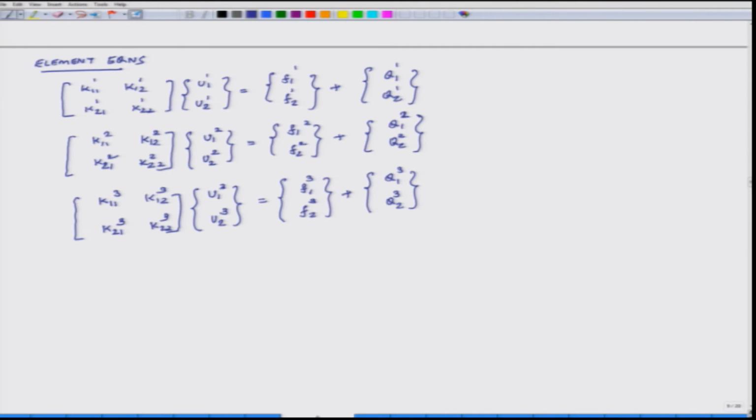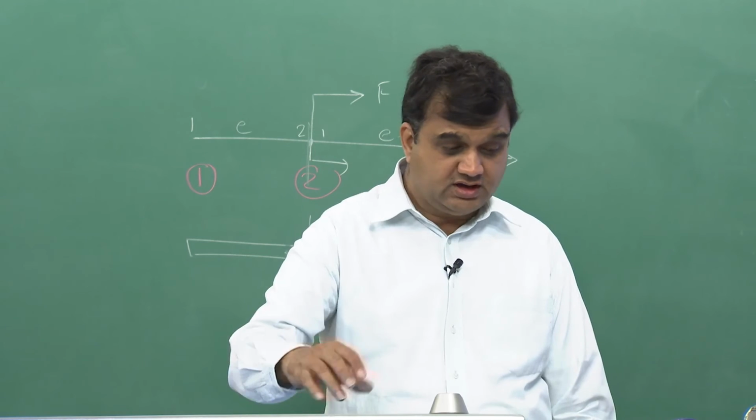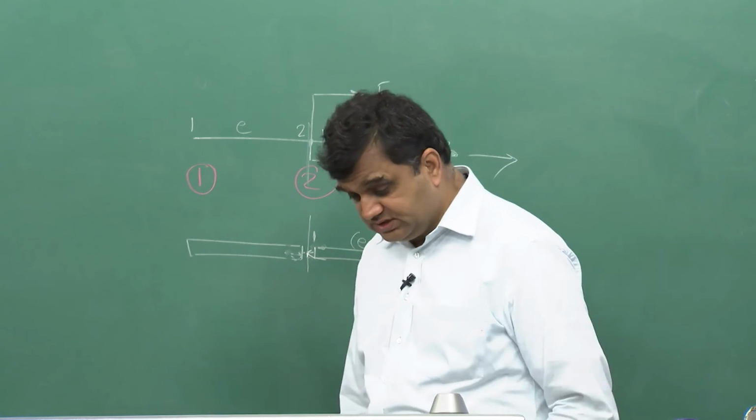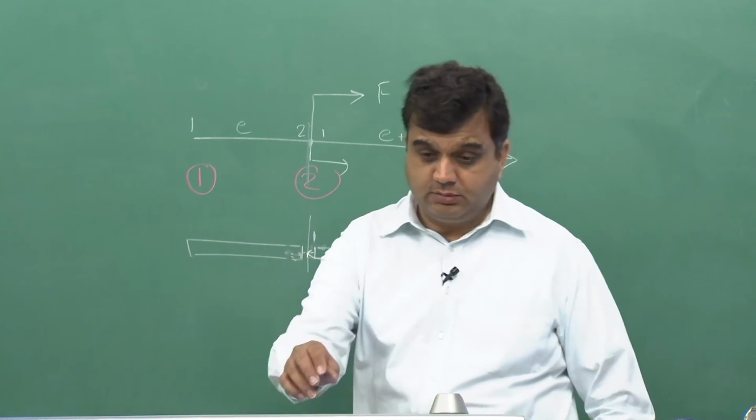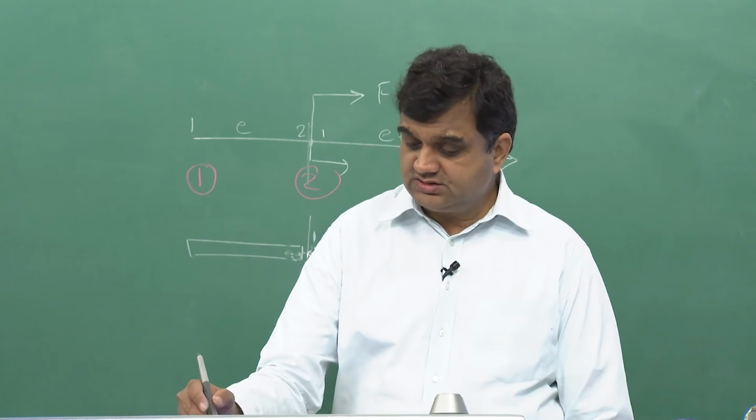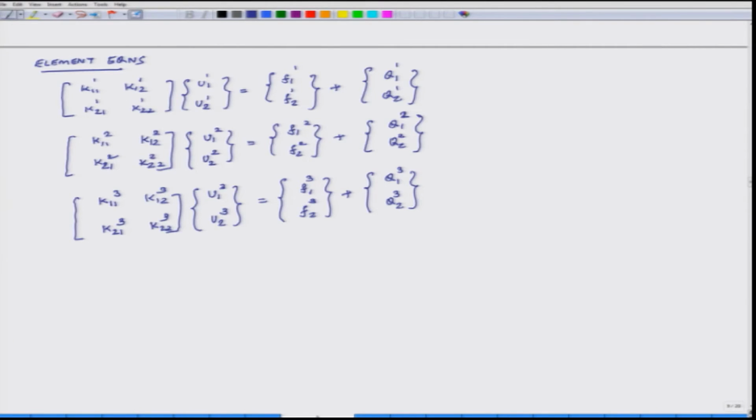So, these are element level equations, and we have to compress them into assembly level equations. We have to assemble them together. When we are doing assembly level equations, the first thing we have to make sure is that we transform these local degrees of freedom into global.